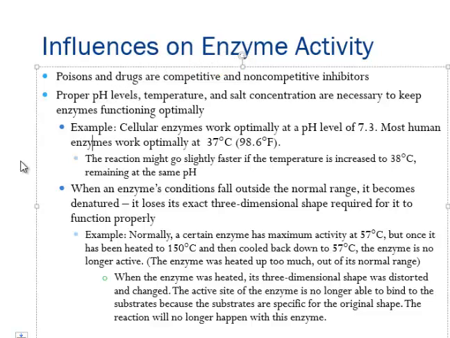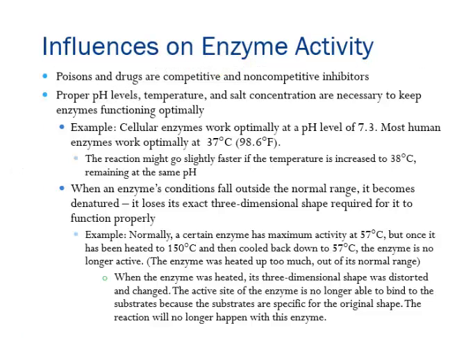Acidity is usually measured on a pH scale of 0 to 14, with 0 being most acidic and 14 being most basic, which means the opposite of acidic. Also, temperature is another example of something that impacts the ability of enzymes to operate. Salt concentration, again, and other things necessary, all impact the ability of enzymes to operate.